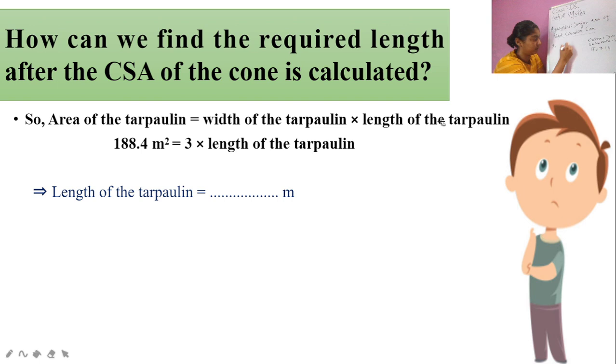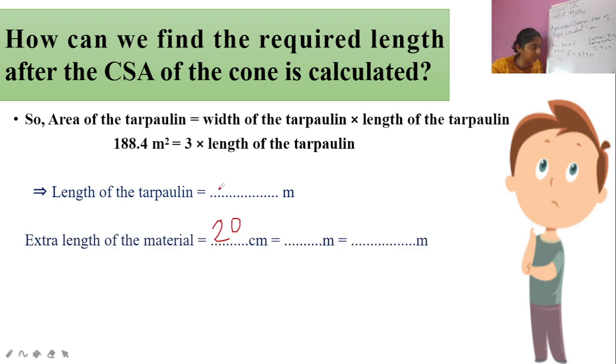Is it meter, right? So when you get extra length for it, you know that this extra length is given to us as 20 centimeter, right? So we will calculate in meter form. So we get the length as 6.24, and for the extra length we get 0.2.